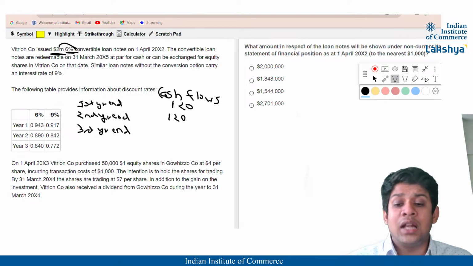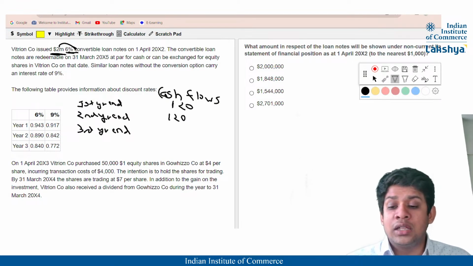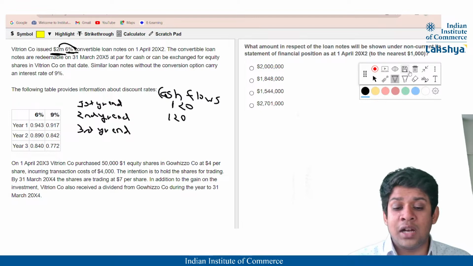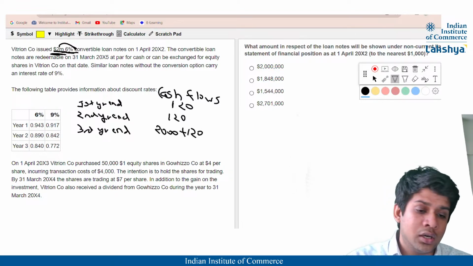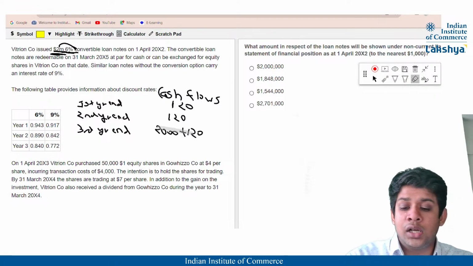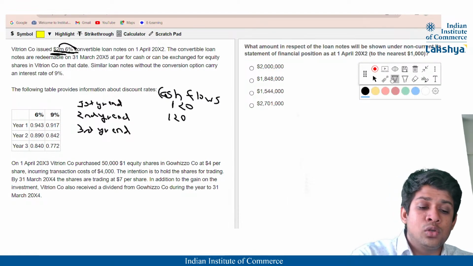Okay, so in the last year, if it is redeemed, it is redeemed at par. That means the $2 million that I received today, the $2 million I'll have to repay at the third year end, plus 120 interest also I'll pay at the third year end. So technically at the third year end, in total I will pay 2120.